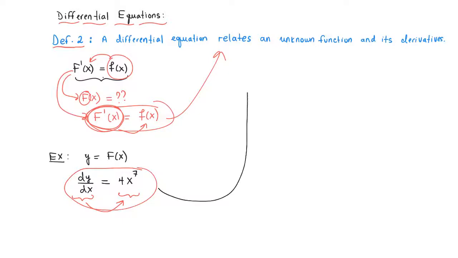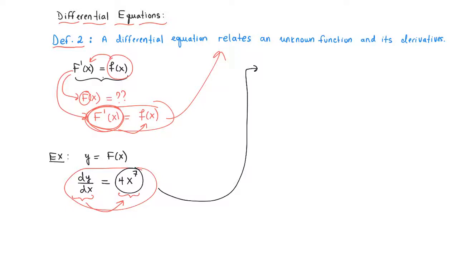Solving a differential equation means, again, find all the functions that you can differentiate to get a derivative of 4x to the 7th. This is the same question as asking, what is the general antiderivative of 4x to the 7th?